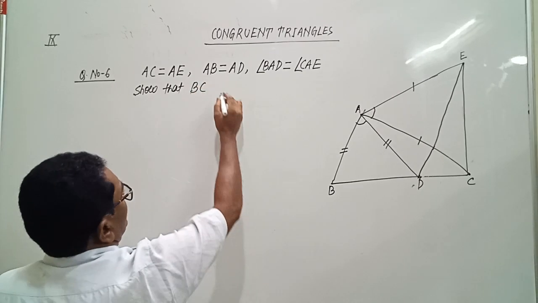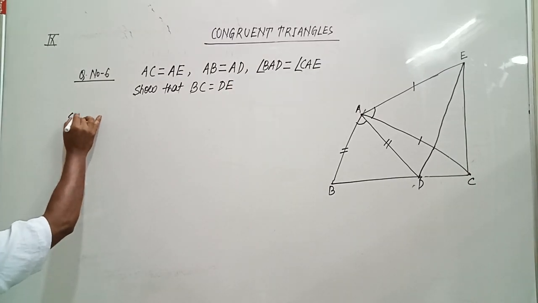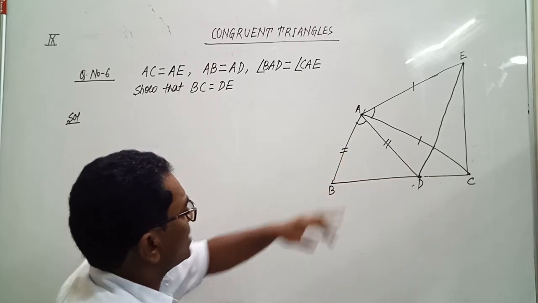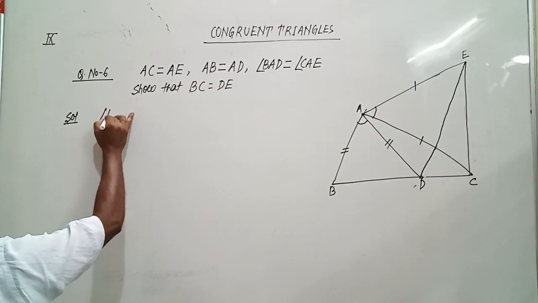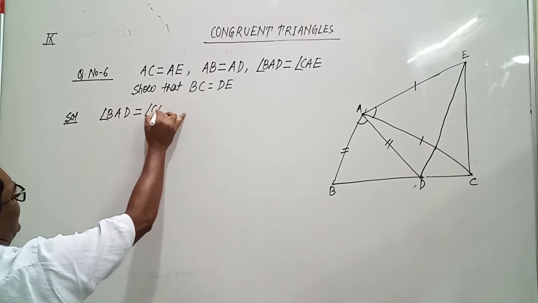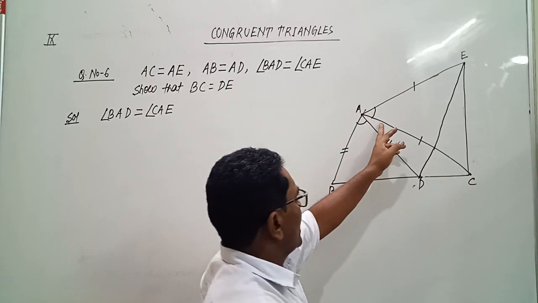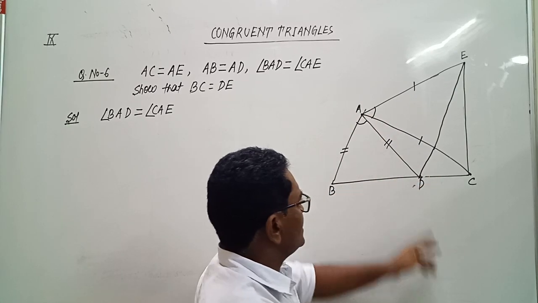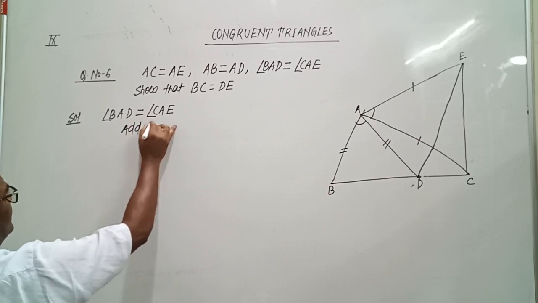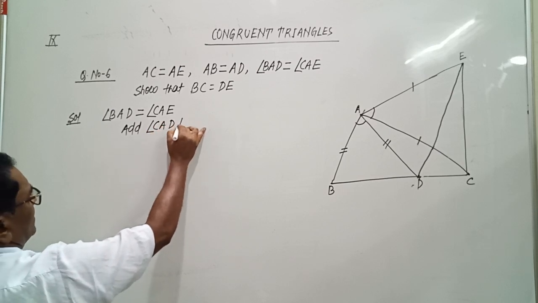Side BC is equal to side DE. We have given angle BAD equals angle CAE, and this is the common angle. So add angle CAD to both sides.